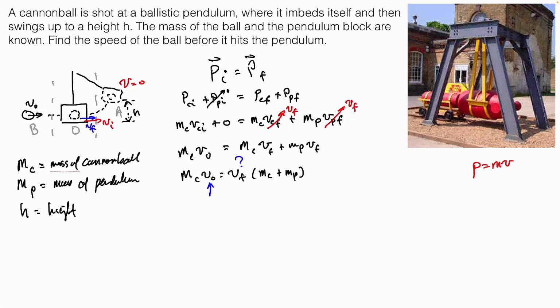So what have I got now? I've got a chapter 8 problem where, in red, I have something that's swinging up like a pendulum. It goes through a height h. It starts with some speed that I don't know what it is, but I want, and it gets to a final speed of 0.